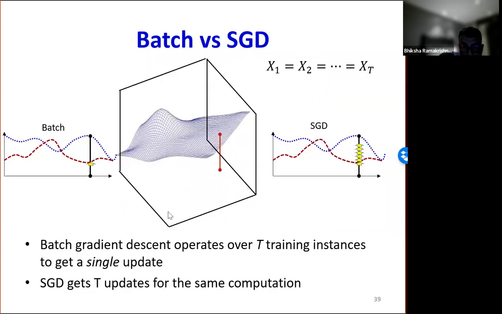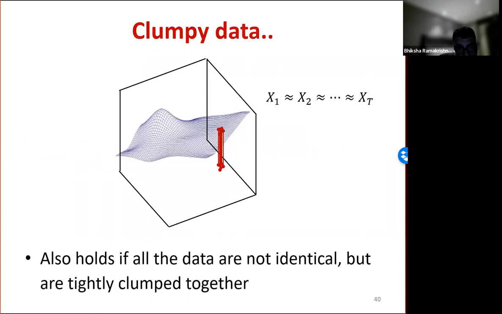If you performed SGD in this setting, after processing T training instances, I'm going to get T times as many updates as I would if I were using batch descent. So you can see why SGD can result in much greater updates than batch descent. It can adjust your function much faster.